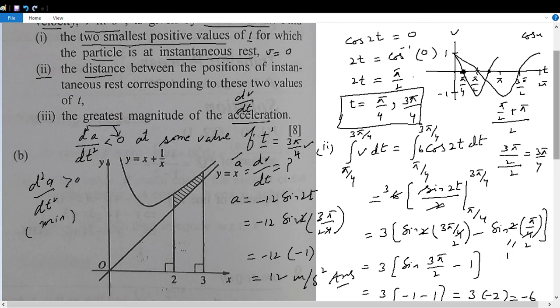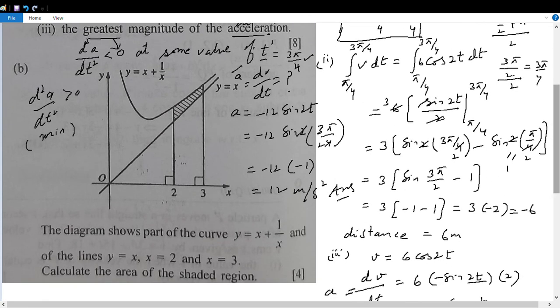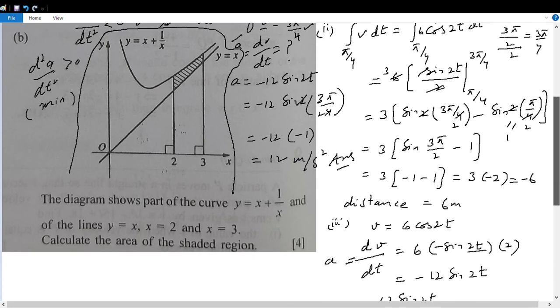Now the second part is this. So the second part is: the diagram shows part of the curve y is equal to x plus 1 over x, and the line y is equal to x, at x equal to 2 and x equal to 3.